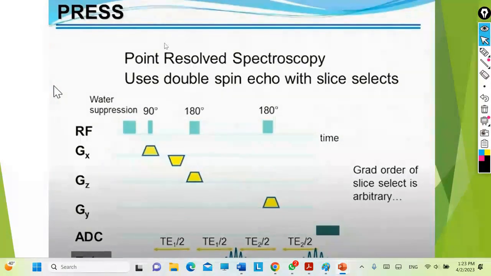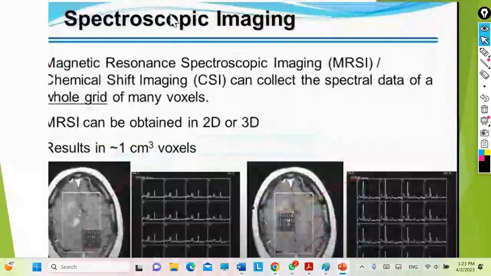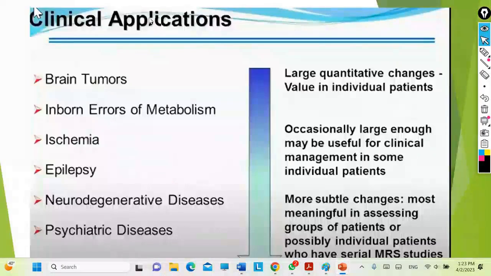This technique is called point resolved spectroscopy, is the pulse. The clinical applications related to epilepsy, ischemia, neurodegenerative diseases, psychiatric diseases, and inborn errors of metabolism are important.